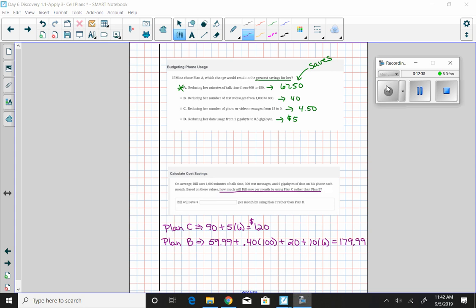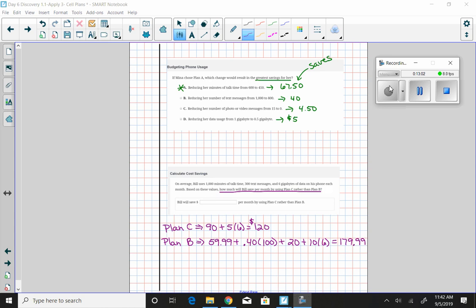All right, so plan C is $120. It's $90 plus 5 times the number of gigs he uses, $120. Plan B, you should have taken the $59.99, added the overage on talking, 40 cents for every minute over, which is times 100, plus the $20 for all of the text messages, plus 6 times 10 for every gig that he uses.